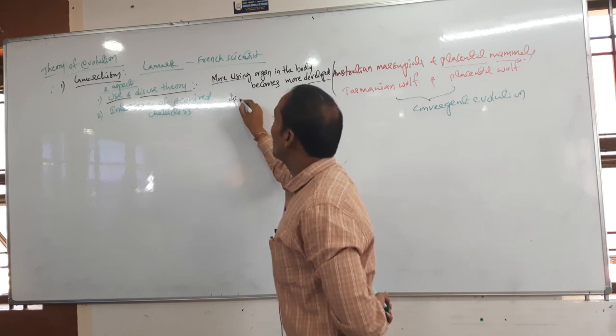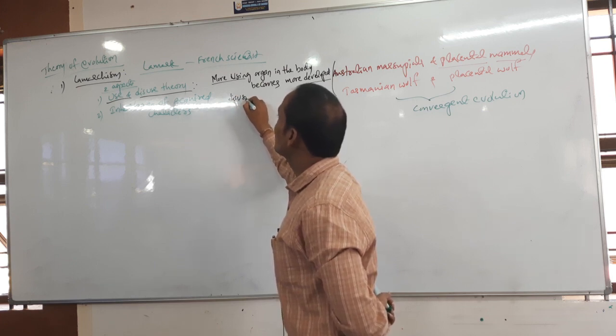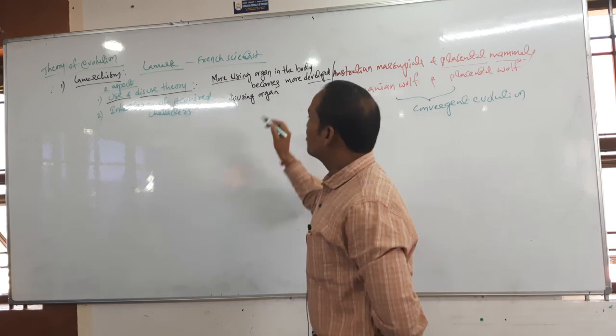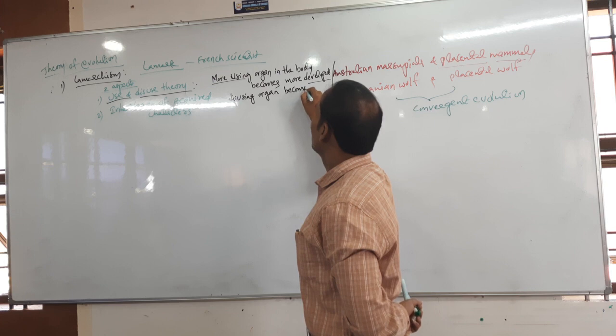Next, disusing of an organ becomes degenerate.